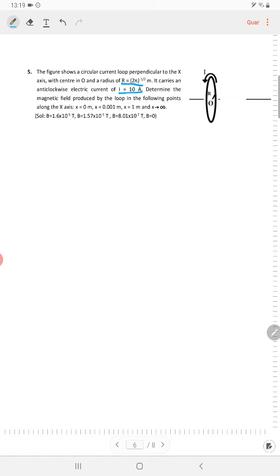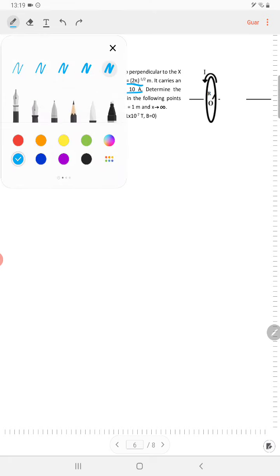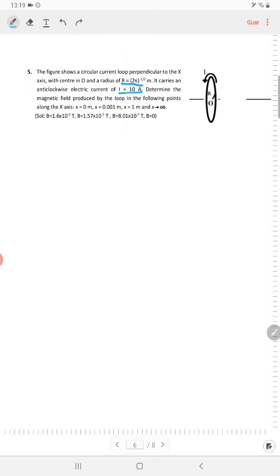So for that, we have to remember what is the magnetic field created by a current loop.